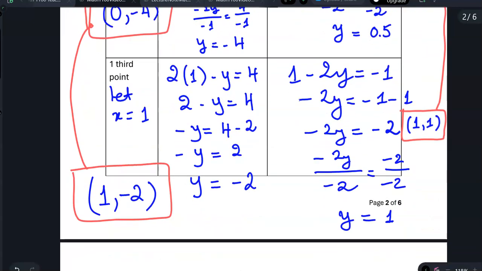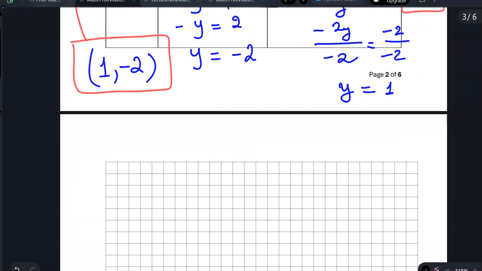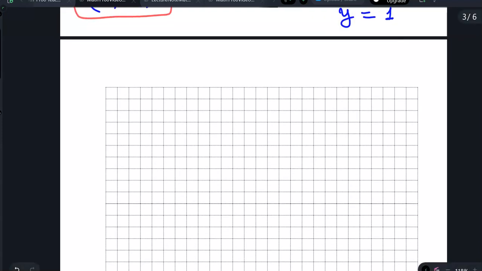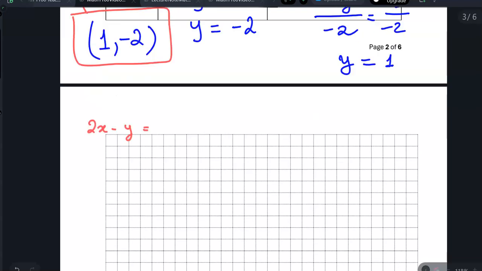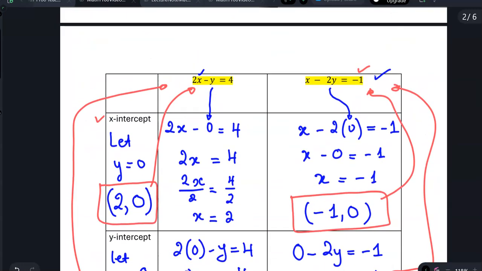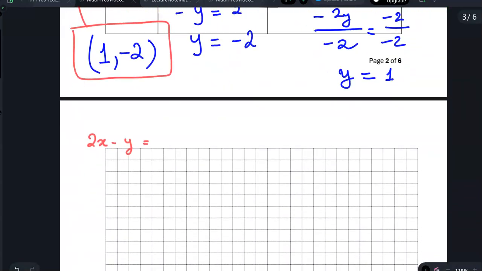Alright, so let's move on to the next. We are going to organize this so we can graph. So I'm going to write everything that I'm supposed to have from the previous screen for you. My equation is 2x minus y equal to 4, right?